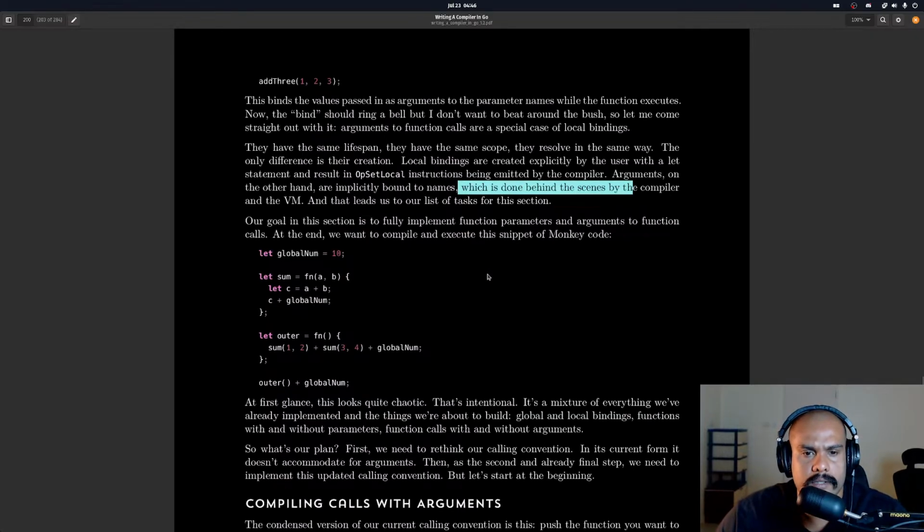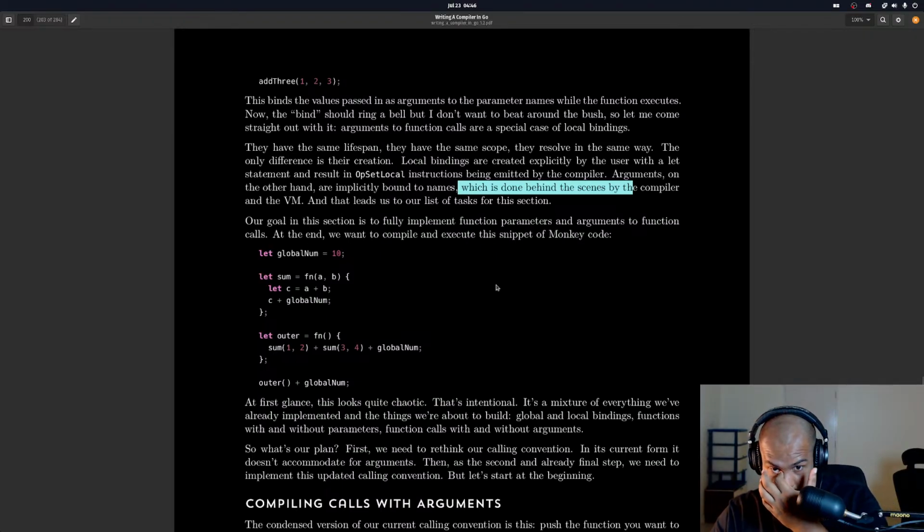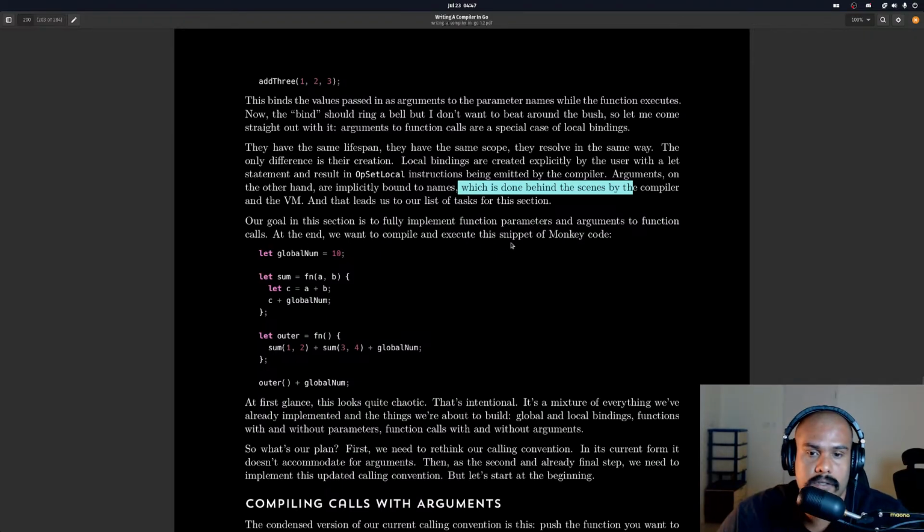Our goal in this section is to fully implement function parameters and arguments to function calls. At the end, we want to compile and execute this snippet of monkey code. Let's go to global, 2 parameters, you add to global.